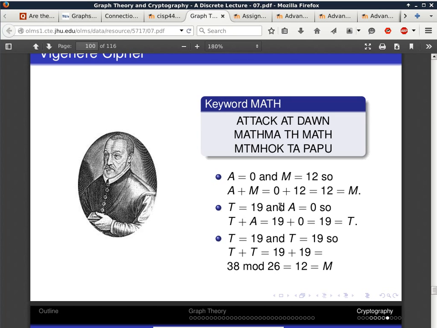Well, from there, it says T and A gives T, and also A and T gives T. Right. So how would you decrypt from T back to, okay, wait, A, hold on a second here. Okay, this is the original text, right? This is a repeating pattern of the keyword. It's math, math, math, math, math, okay? And this is the actual result.